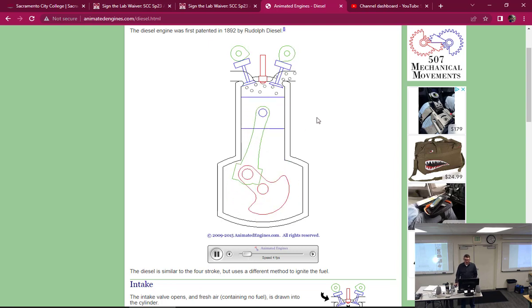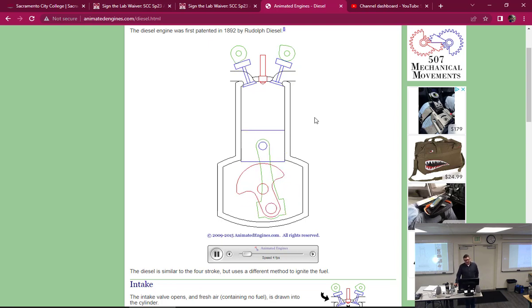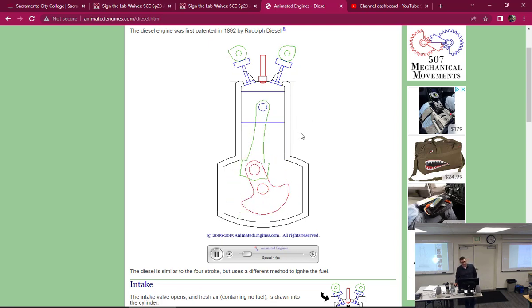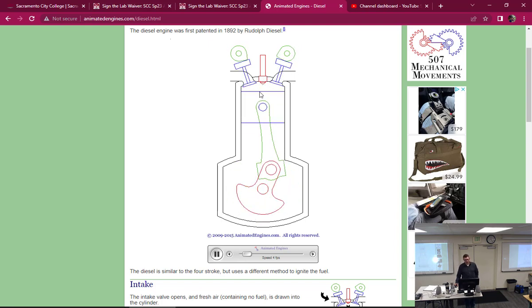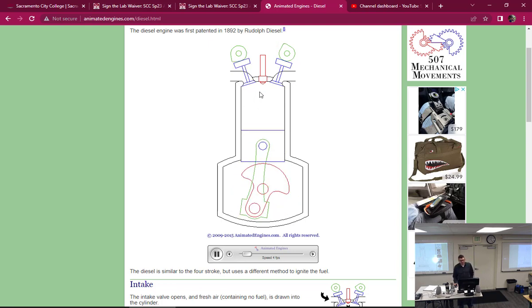Now I guess it's worth noting that modern internal combustion engines are going more towards this. This is what we call direct injection, directly injecting the fuel into the cylinder, which for a very long time was a problem because the rail pressures, the fuel pump pressures to do this were somewhere around 30,000 psi.